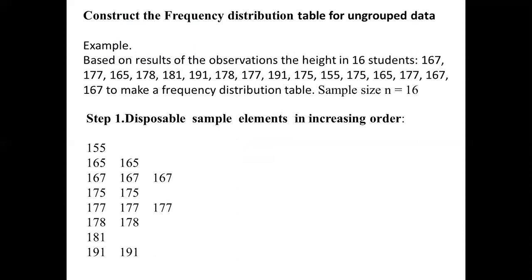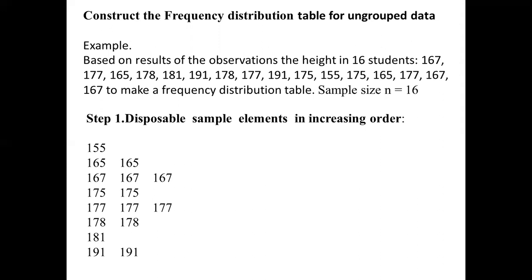How do we construct the frequency distribution table for ungrouped data? There is no difficulty if the data set is small, for we can arrange those few numbers and write them in increasing order.